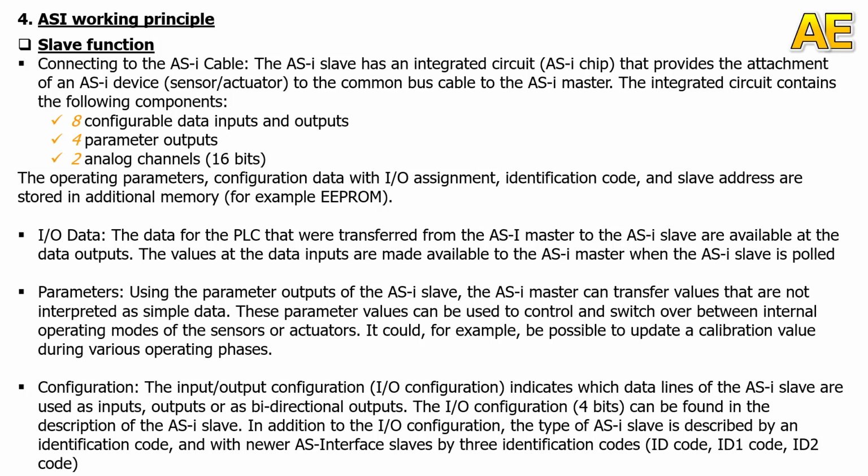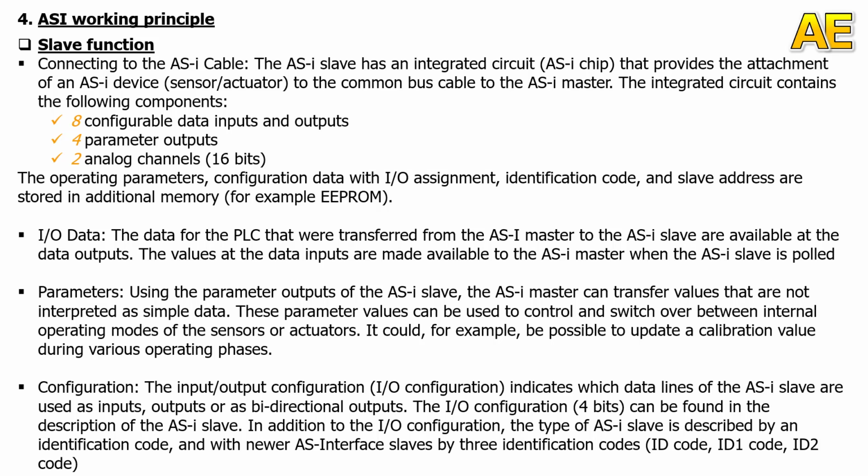The input or output configuration indicates which data lines of the ASI slave are used as input, output, or as a bidirectional output. The I/O configuration for bits here can be found in the description of the ASI slave.